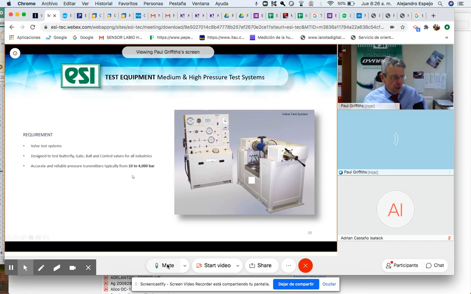And gradually, partly through our marketing and our contacts, but a lot of this has been word of mouth. People look at this equipment and say, "Hey, I wonder what transmitters they use," and they say, "Oh, who is ESI?" And they do some research, and suddenly we get inquiries from around the world asking for transmitters for exactly this application.